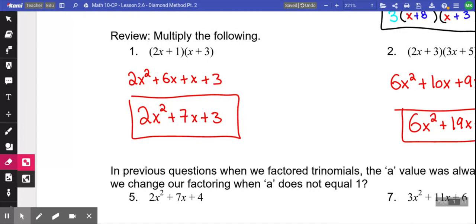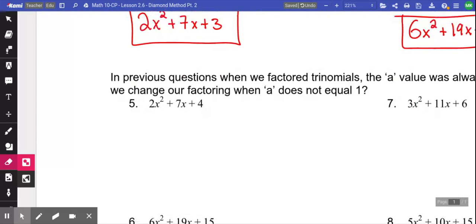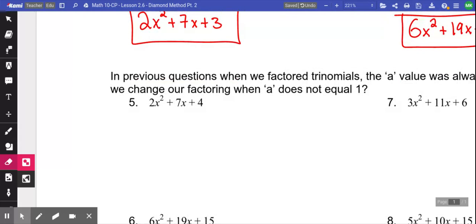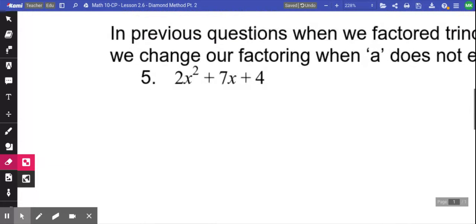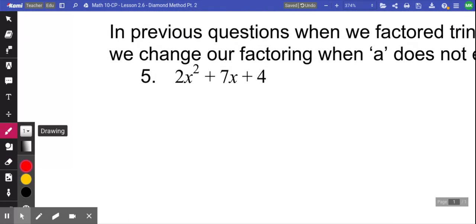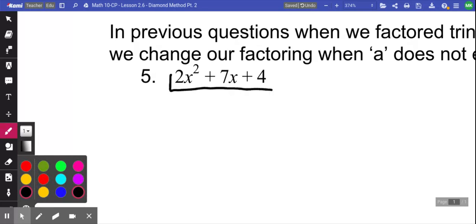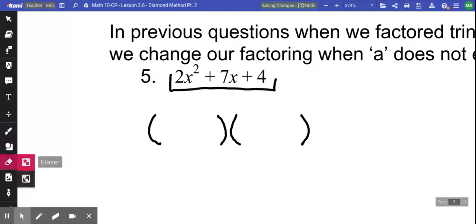But there's a difference in the factor we're about to do versus the factor we've done before. The difference is when I start my question, I know that this trinomial right here is going to become 2 binomials. I know it. That's how it always works out.